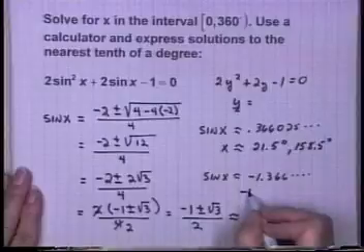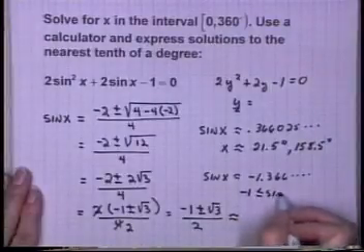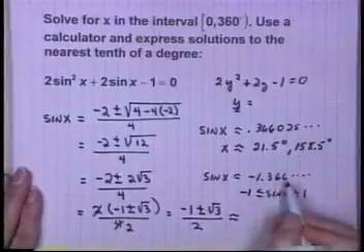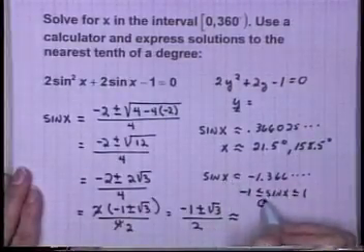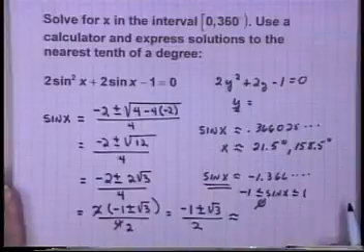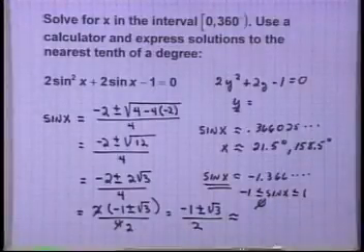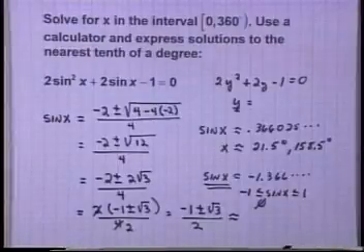We know again that the sine of x must be between what? -1 and +1. This is outside that value. So we will get no solutions from this second value here. Nothing, that is impossible for us to get values for the sine of x being -1.366.